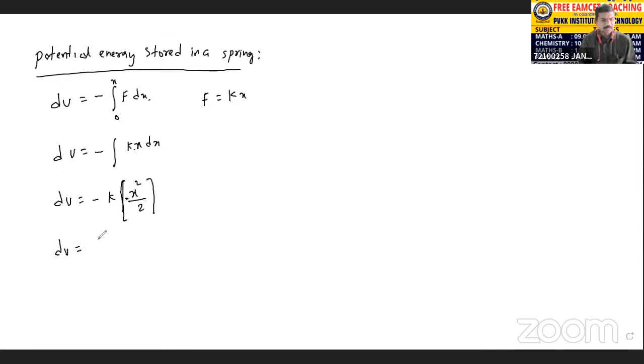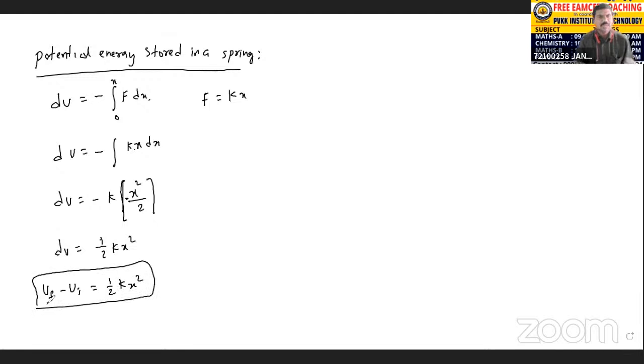Minus of minus is plus, that is equal to 1 by 2 kx square. On integration we get Uf minus Ui, which is the change of potential energy. This equation represents the potential energy stored in the spring.